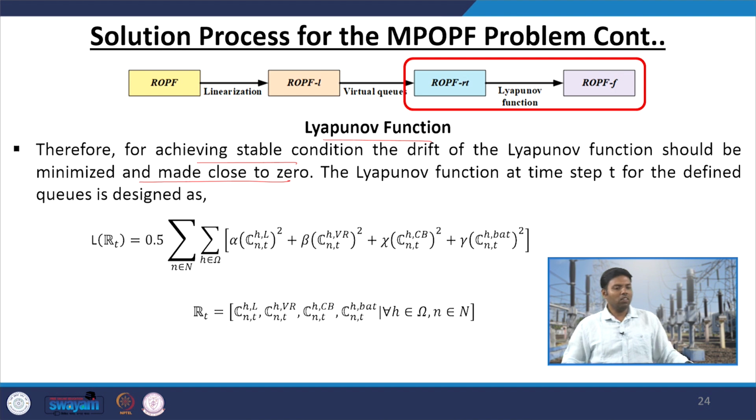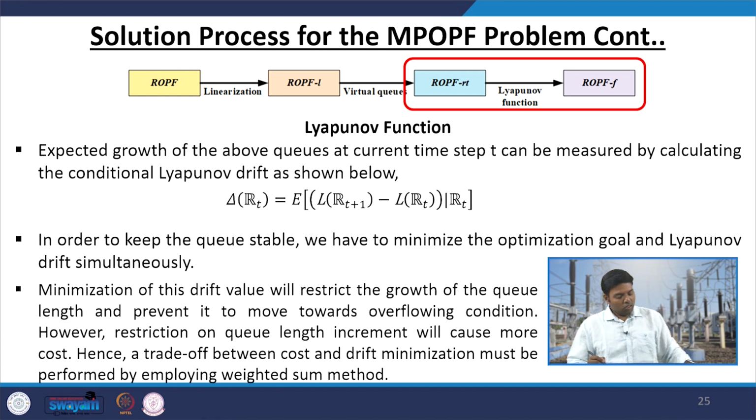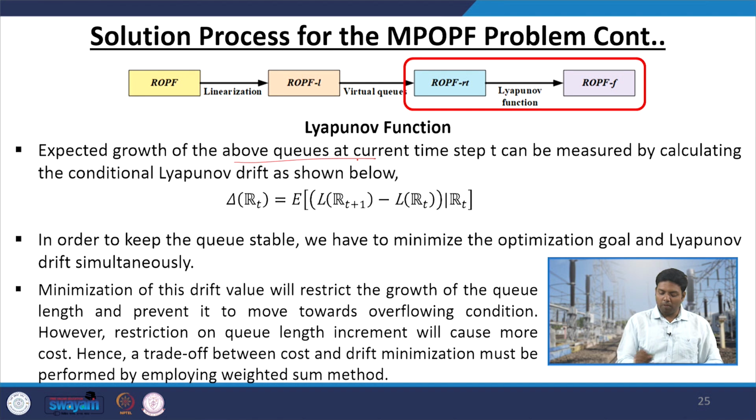And that will give the restriction or keep the time coupled operation in action. So, the Lyapunov function is defined like this: half of the weighted summation of the square of all the Q's. For 4 Q's, you have alpha for the load shedding Q, alpha for the Q for the voltage regulator, xi with the capacitor bank, and gamma with the battery, squared. The expected growth of the above Q's at different time step t can be measured by calculating the Lyapunov drift.